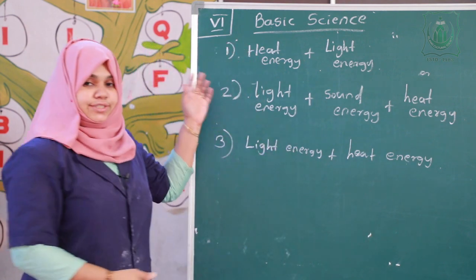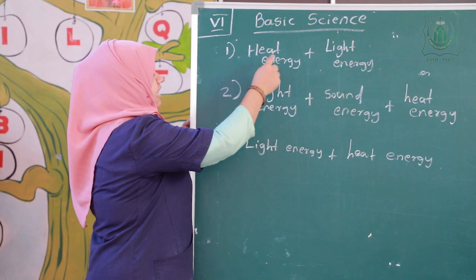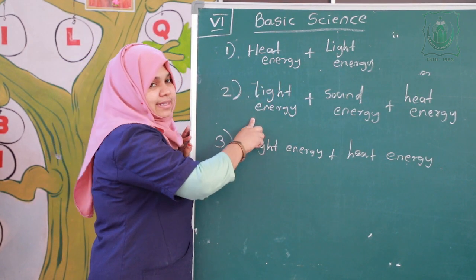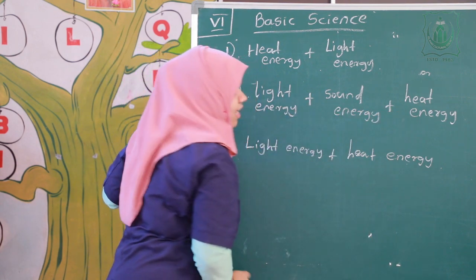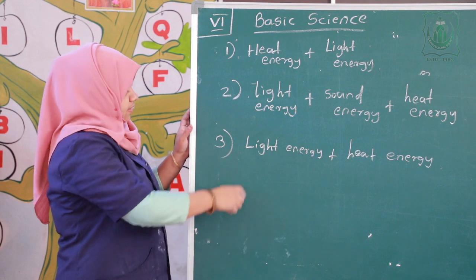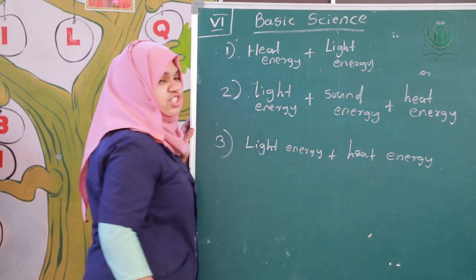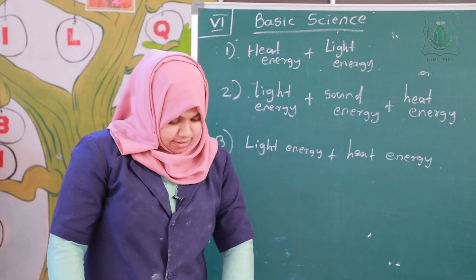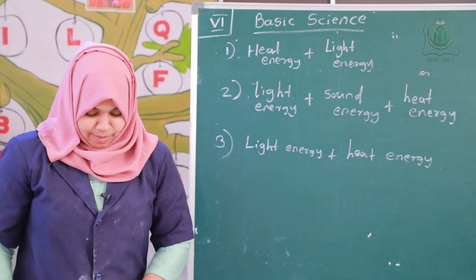This is the energy produced while burning a firewood, heat energy plus light energy. When a sparkler is lit, light energy plus sound energy plus heat energy are produced. When a torch is lit, light energy plus heat energy are produced. Got it? All of you understand this? Okay. Then next, there are some questions about this.